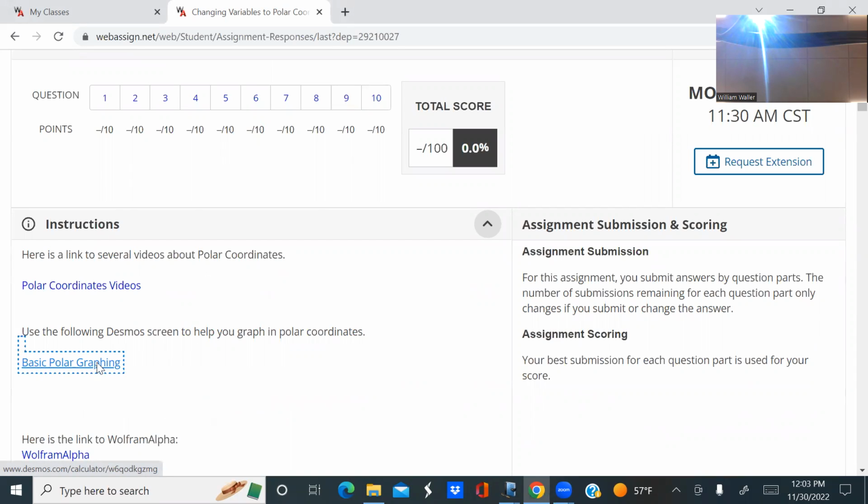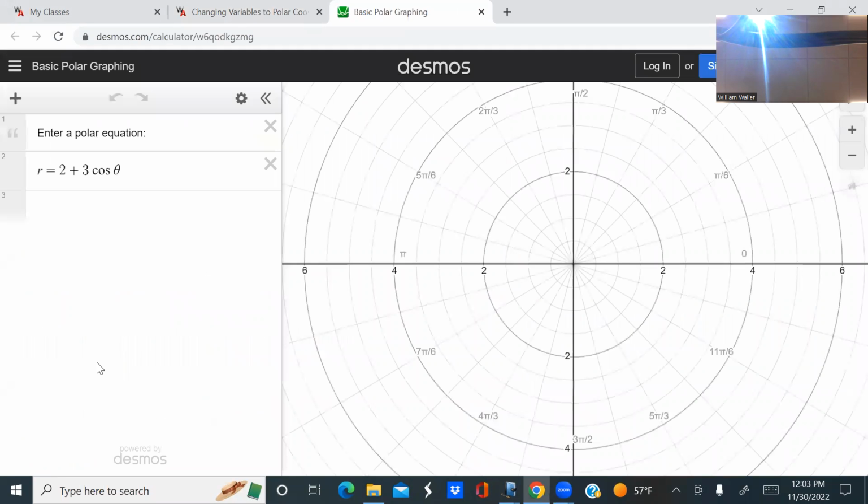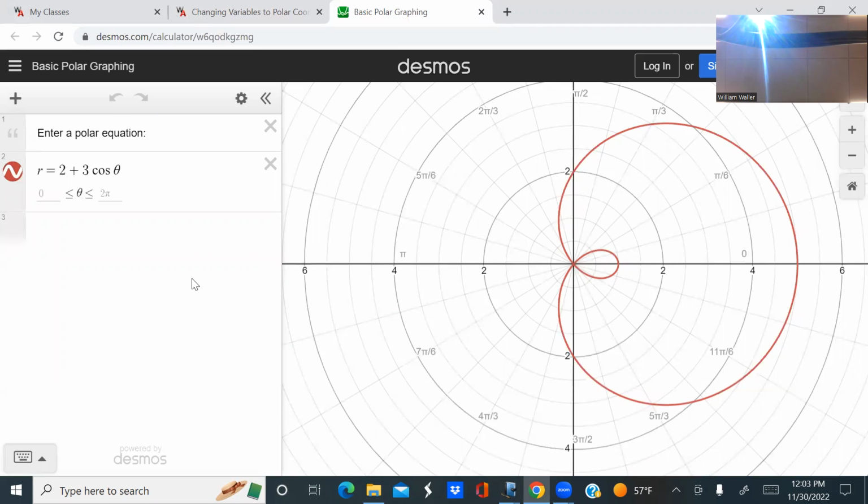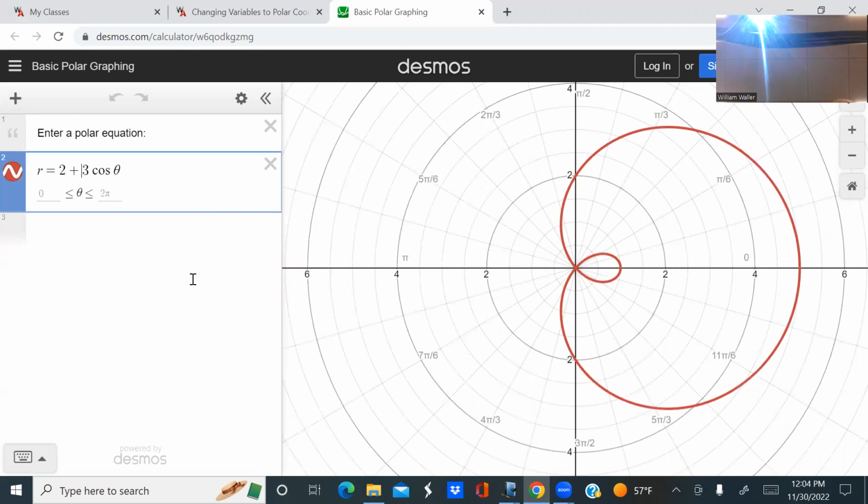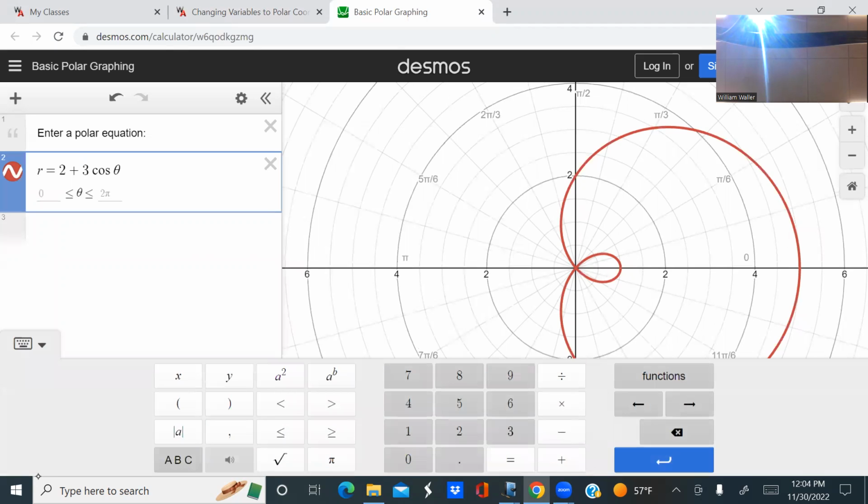If we click on that, we're going to get this nice Desmos page where we can just fill in a curve. Let's see what we get. Let me see if I can get the keyboard to come up here.